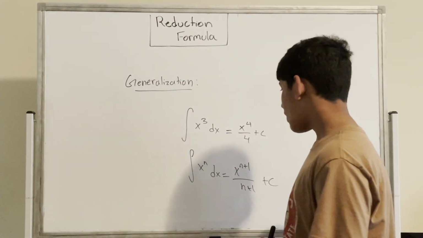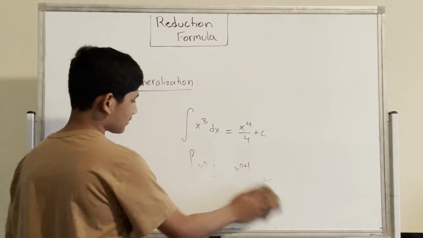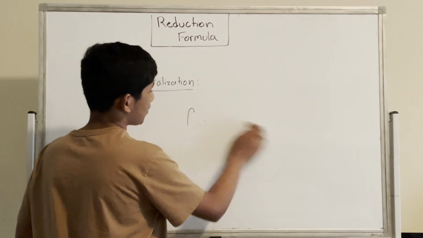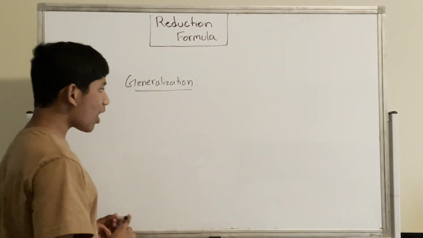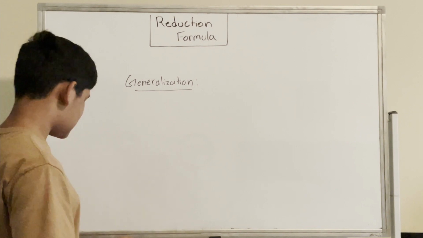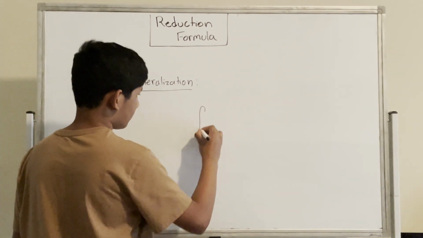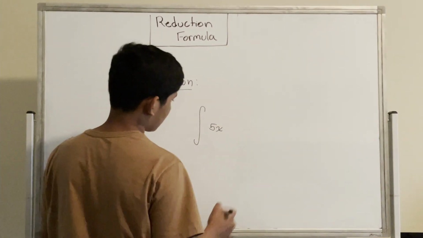Now that we've talked about what a generalization actually is, let's talk about a technique in integration that is very important, especially with the problem we're going to be dealing with. Now, this problem is essentially, we have the integral of 5x dx.